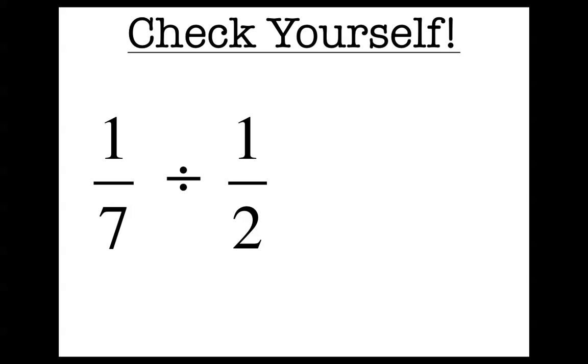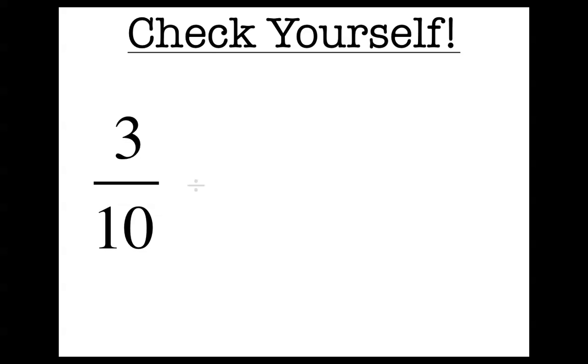Okay, so you're going to think about what you're going to do with each of those two fractions. 1/7 stays as 1/7. 1/2 flips over and it's going to be 2/1, and when you multiply that out, you should get 2/7. Did it work? I hope so. If it didn't, pause it, try it again, rewind, make sure you're on the right track.